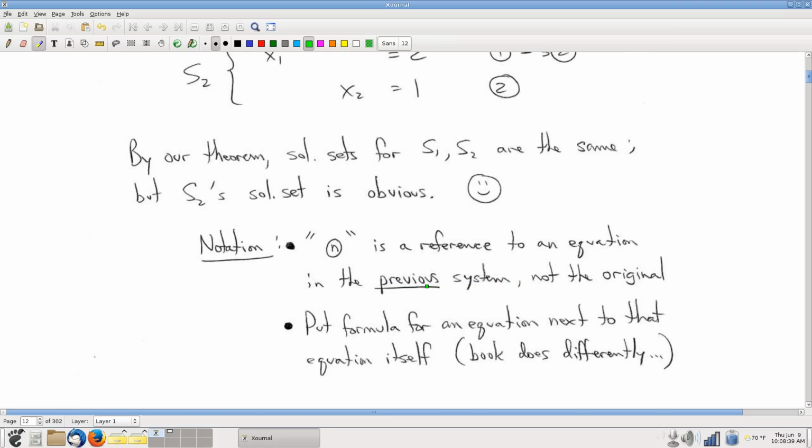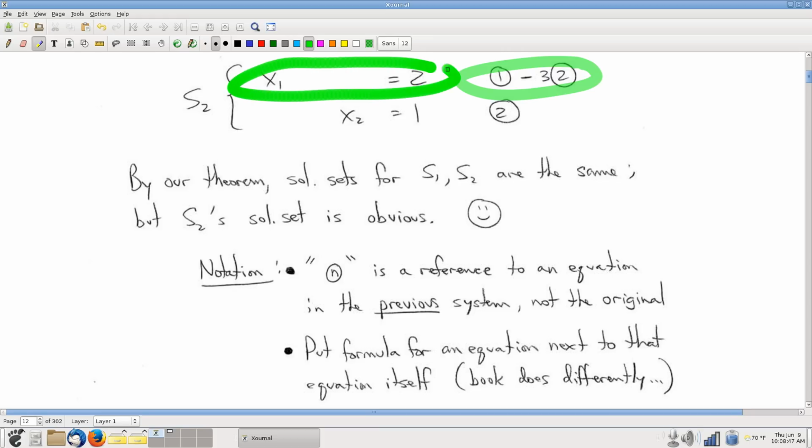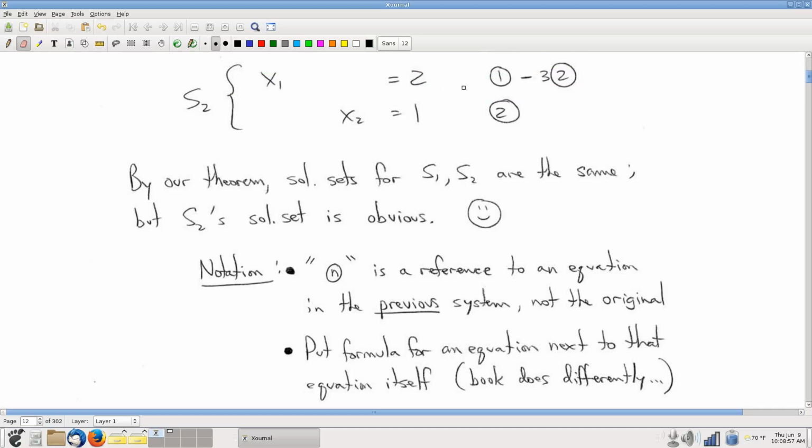Okay. Another little notational observation that I'll make. I like to put the formula explaining where a given equation came from right next to the formula itself. The book has a different convention on this, and so just heads up for that.